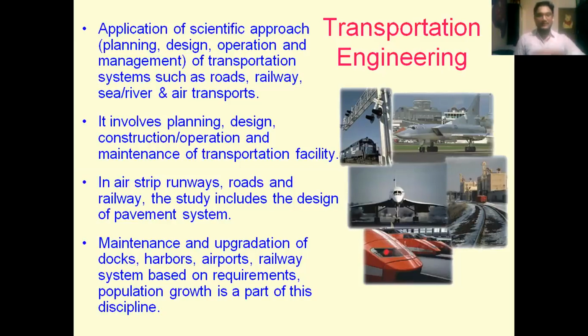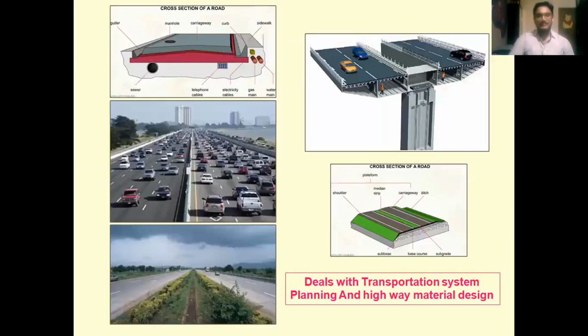The coastal areas usually have airports and railway systems. Based on requirements and pollution growth, you have to design your transportation better for the betterment of public transportation. So you can see the different types of transportation systems available over here.